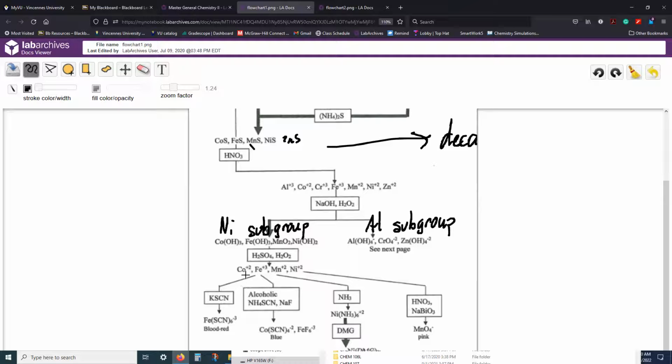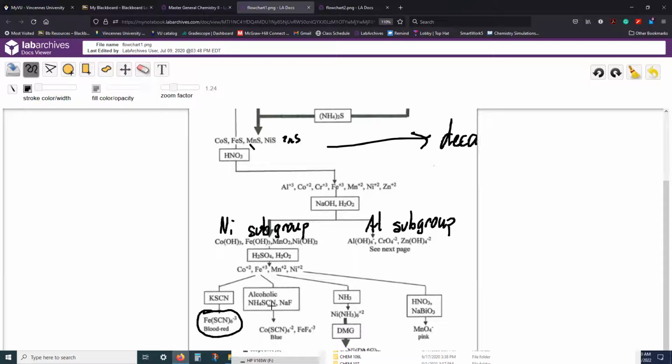So for the iron, we interact it with potassium thiocyanate, and we form the blood red complex, ferric thiocyanate. For the cobalt, we're going to do something similar.